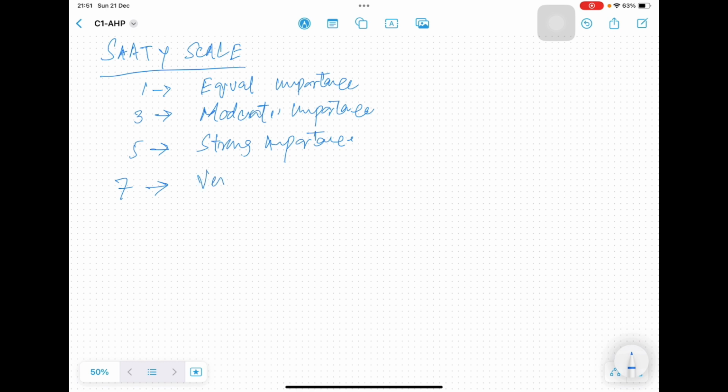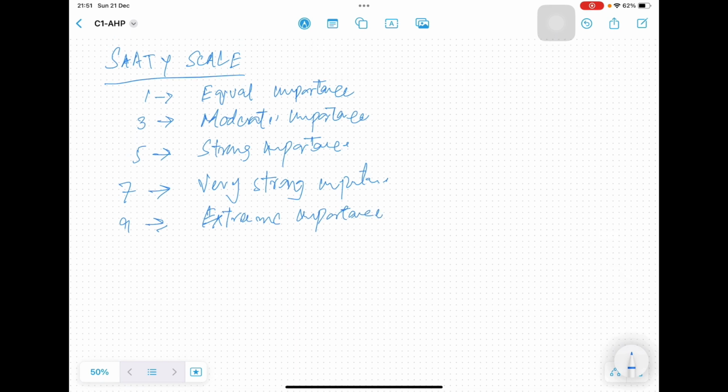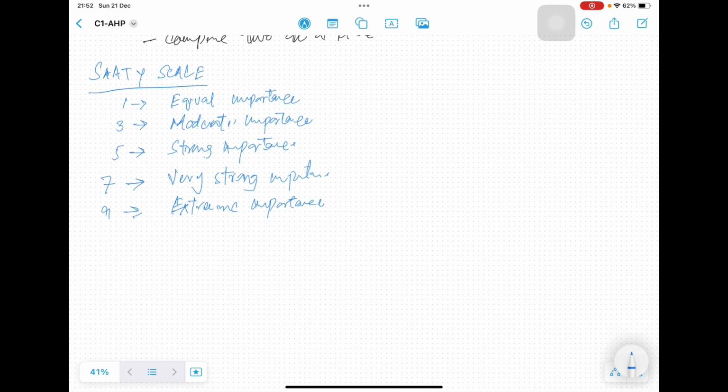That is already proposed, so you don't need to change it. 2, 4, 6 and 8 are intermediate values.